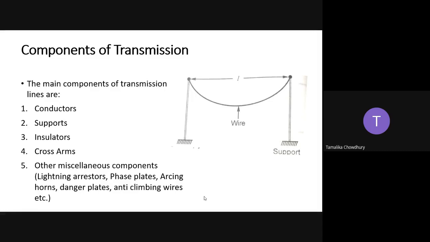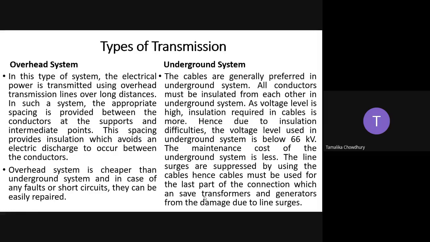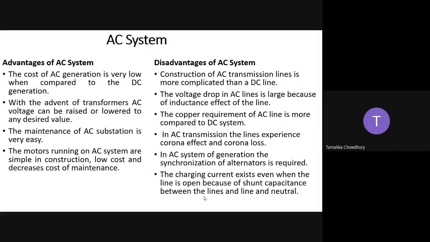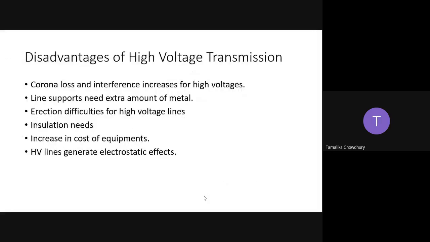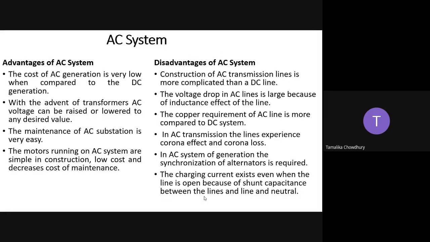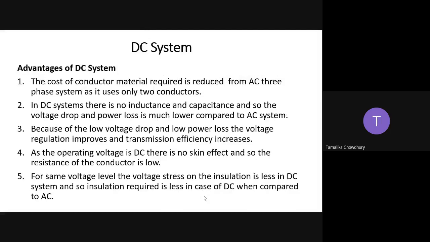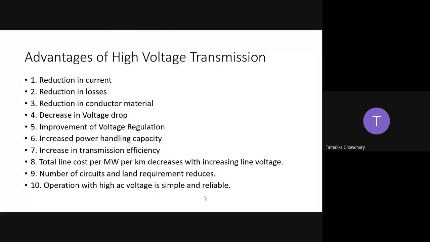Now I hope you remember what we studied previously, the AC system and the DC system, because it is required now in overhead lines. I'm telling you those important points in short so that we can start. First of all, we studied why transmission is carried on at high voltage.